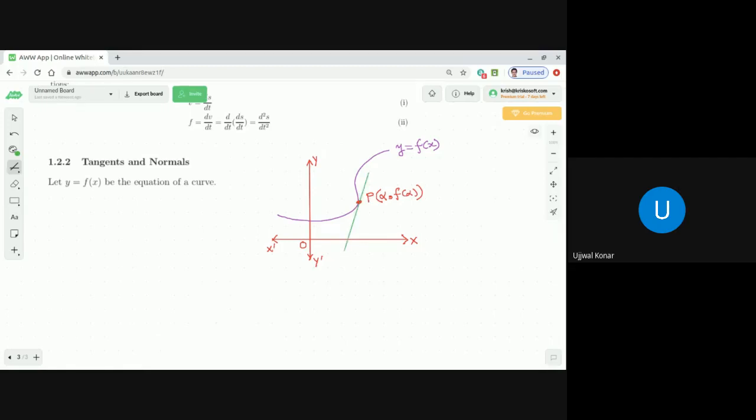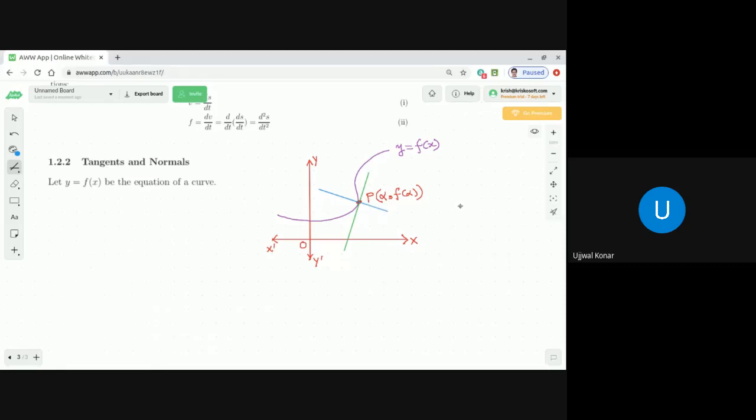And what is normal? Normal is nothing but another straight line which is perpendicular to the tangent at the point P to the curve y equal to f(x). That means, if we draw the normal in a different color, it looks like this, the tangent and the normal.